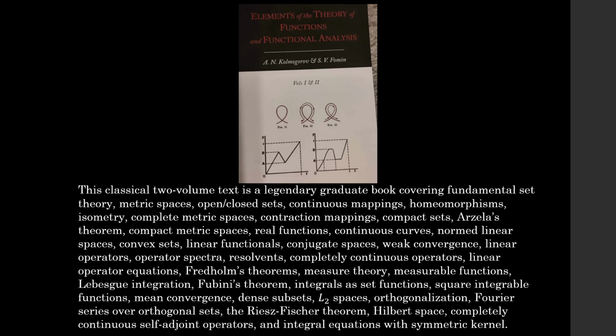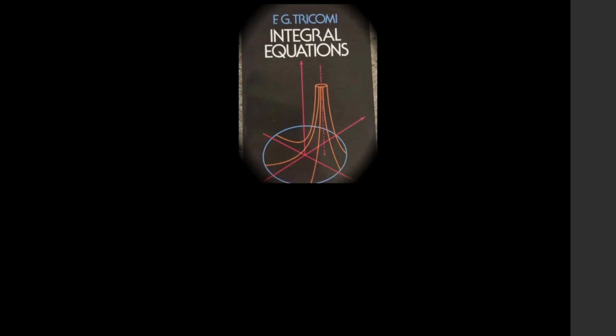And even finishes off with an introduction to integral equations with symmetric kernels. So this is a decent book on Lebesgue integration and measure theory as well. And is a good transition towards an actual book on integral equations.